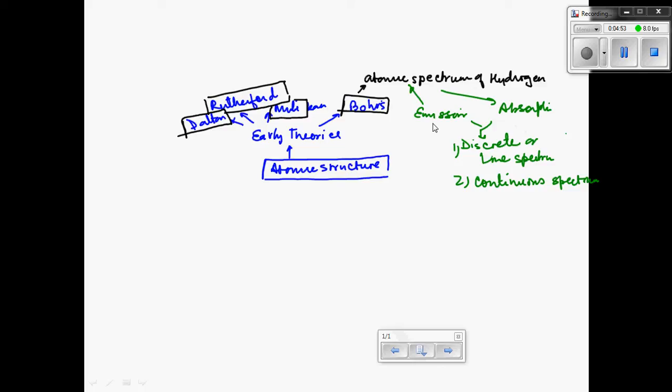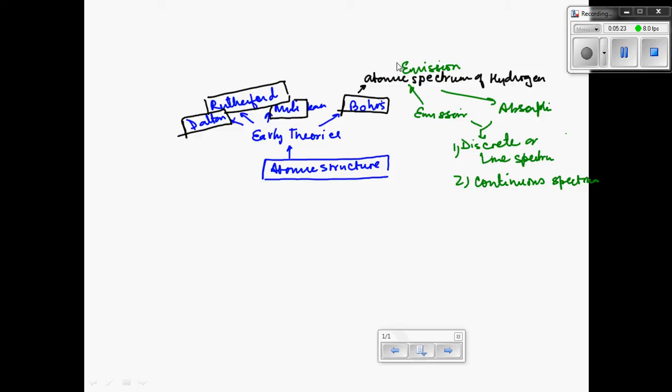Bohr studied hydrogen's emission spectrum, and he could theoretically calculate and show the energy of transition of the electron in hydrogen. That was a very well accepted model, except it had a big problem. It could explain the emission spectrum of hydrogen but not of multi-electron atoms.